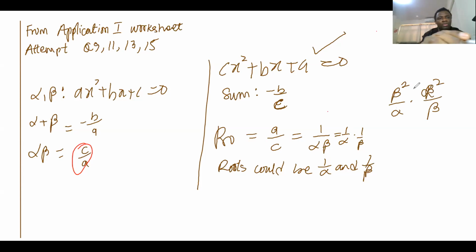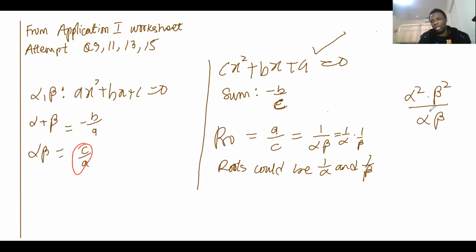No, not this one. I'm trying to see how we can get 1 over alpha beta as well. So it could have been something like alpha squared beta squared divided by alpha beta, and this could have been as a result of beta squared over alpha, yes. And no, this question should be at the bottom. Apologies, sorry.